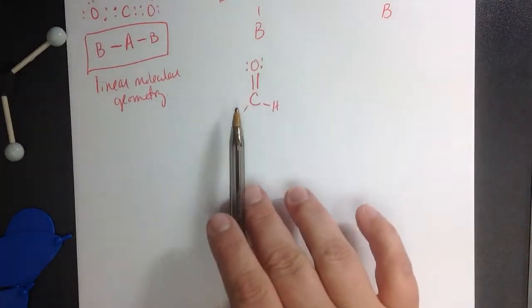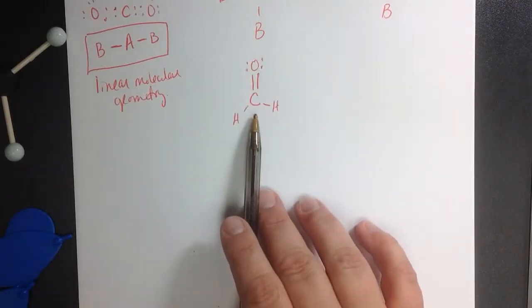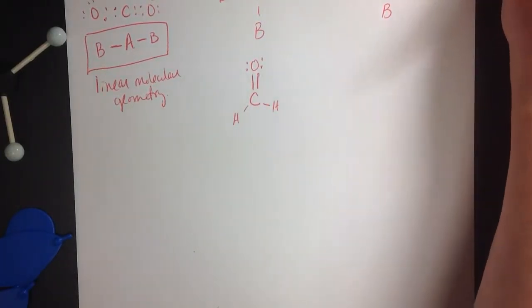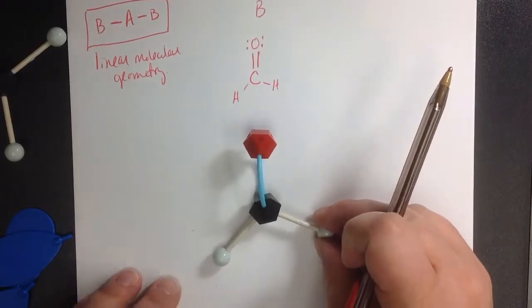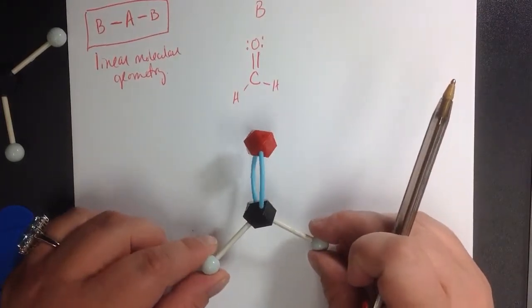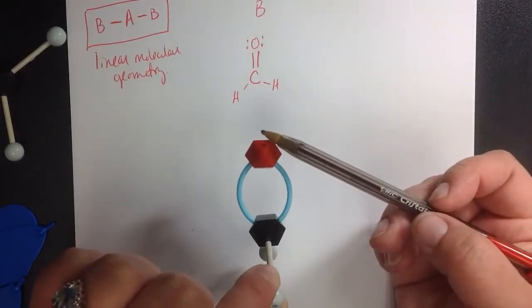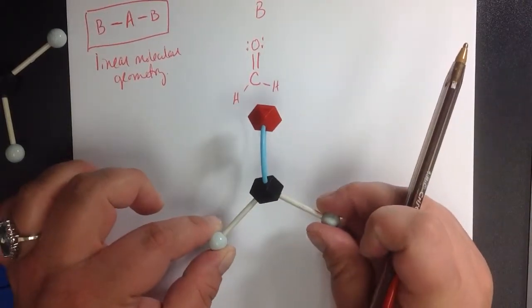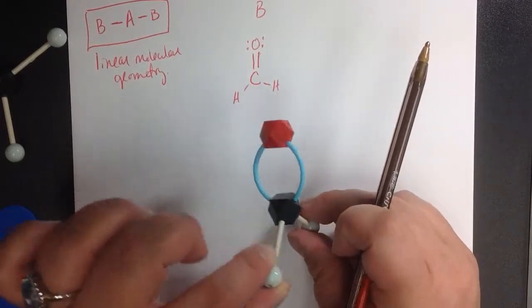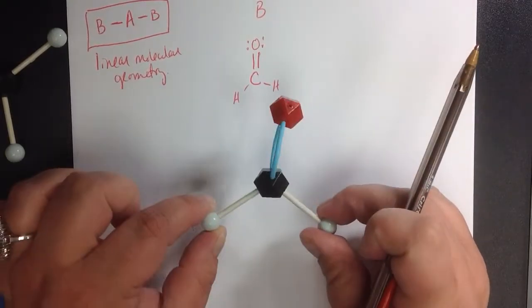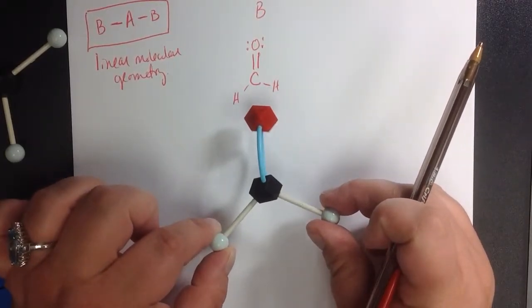So there's only 3 things surrounding this central atom. So here's what that structure or model looks like. And yes, there's 2 bonds going towards this oxygen, but it's still flat. So that's what that guy looks like in 3 dimensions.